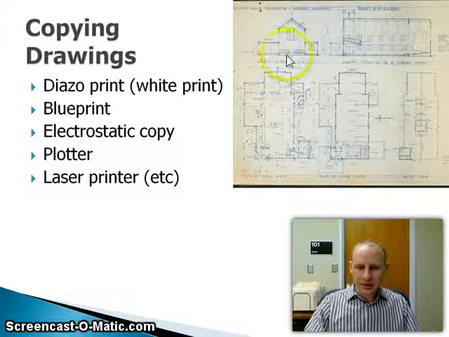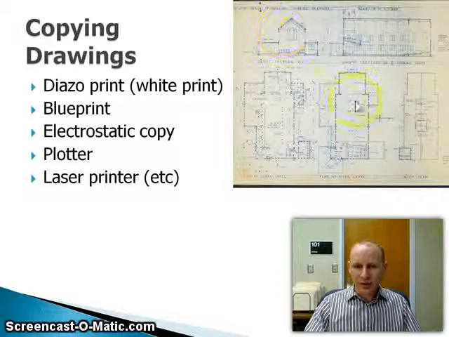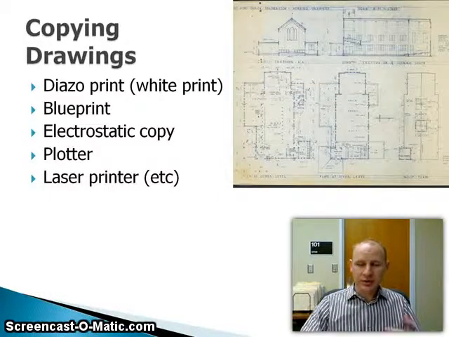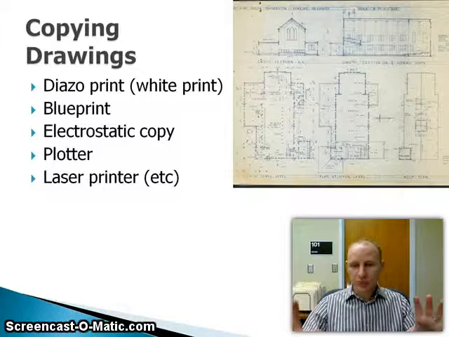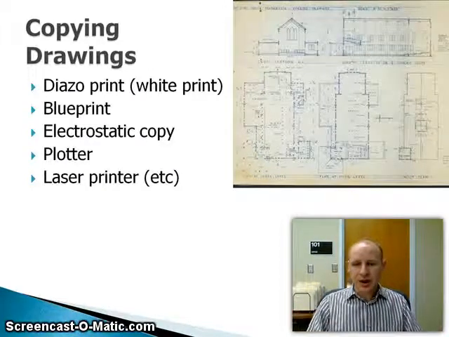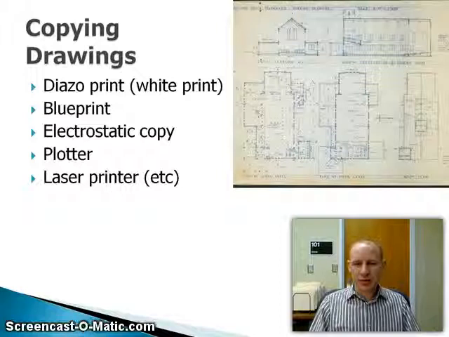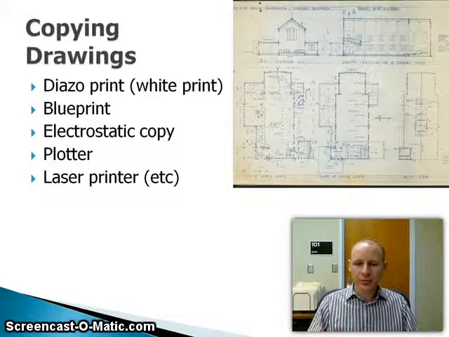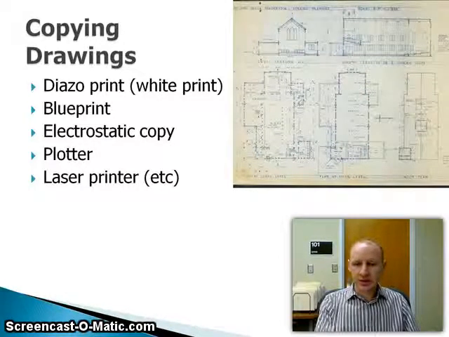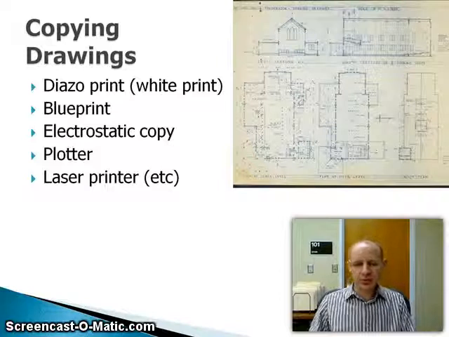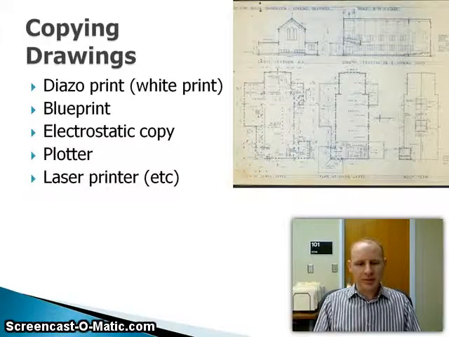This first example here is a Diazo or white print because the background, as you see, is white, where the lines are blue. With a blueprint, the opposite happened, where the background was blue, so the majority of it looked blue, which is where it got its name, but the actual lines on the paper were drawn as white. Both of those use a chemical process from the original to make multiple copies.